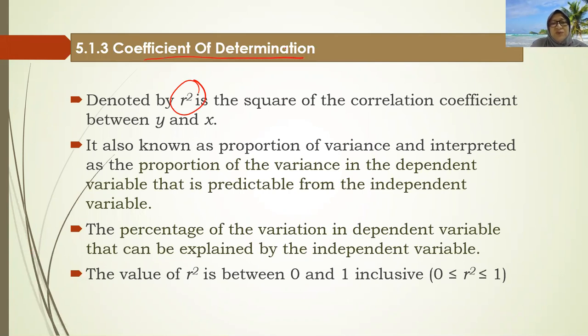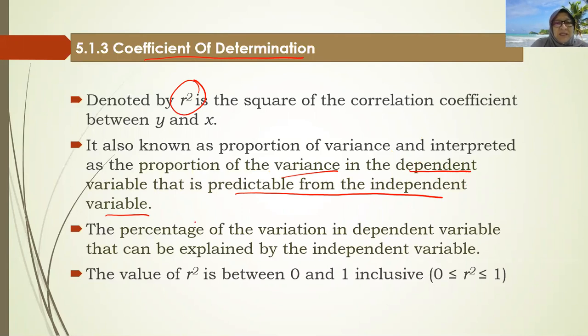It is also known as the proportion of variance, and is interpreted as the proportion of variance in the dependent variable that is predictable from the independent variable. So we're talking about variation in the dependent variable which can be explained by the independent variable.